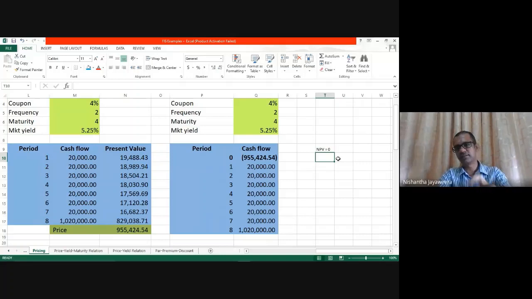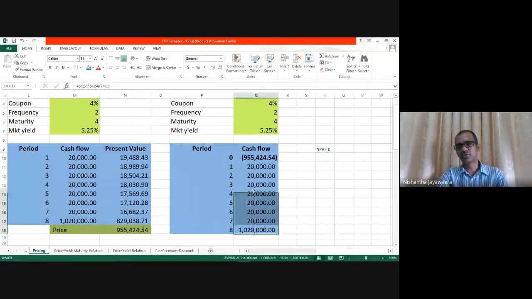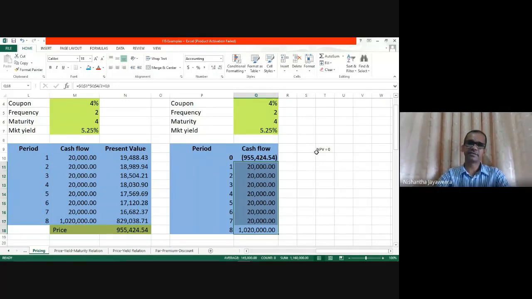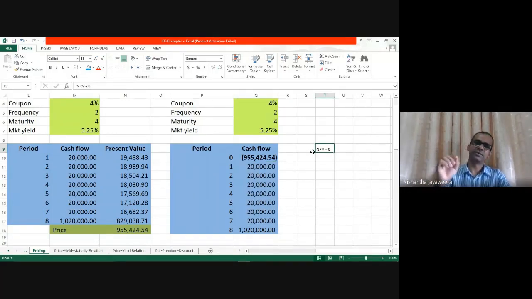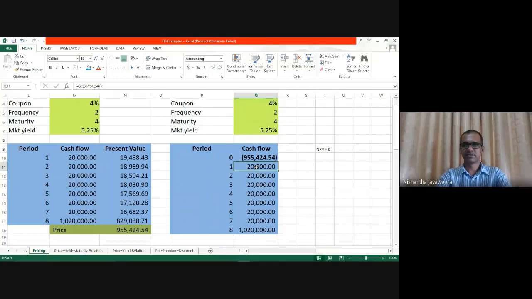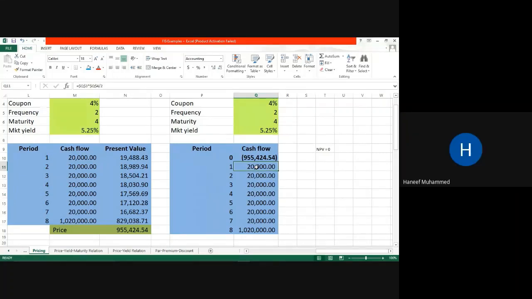So Excel tries to discount all these cash flows, calculate the present value of those and set it off against this figure to get the answer 0. To discount, it requires an initial guess.